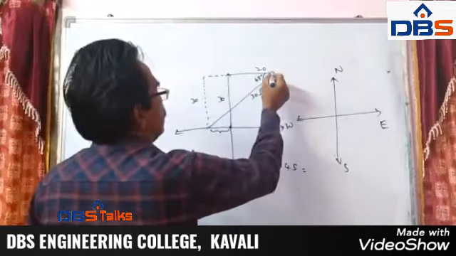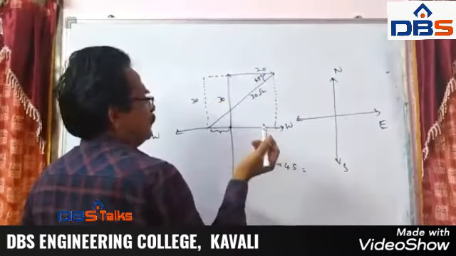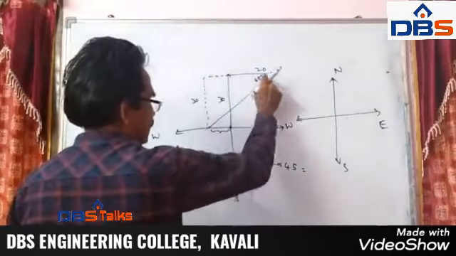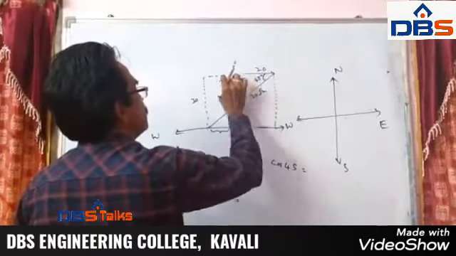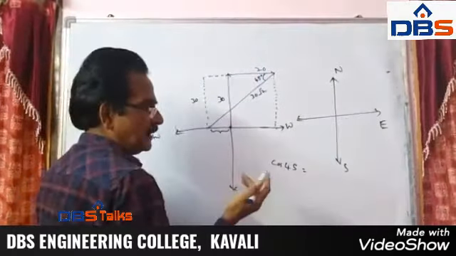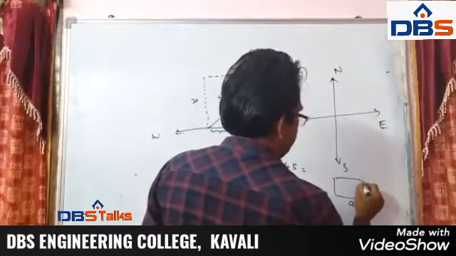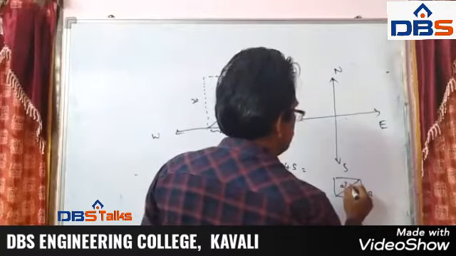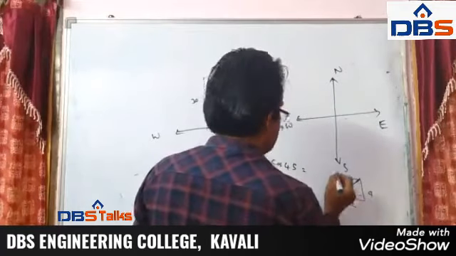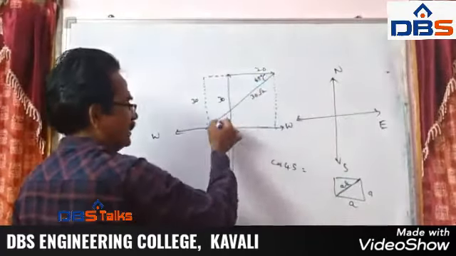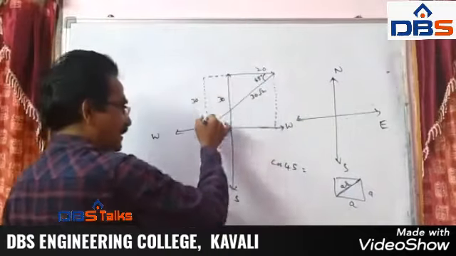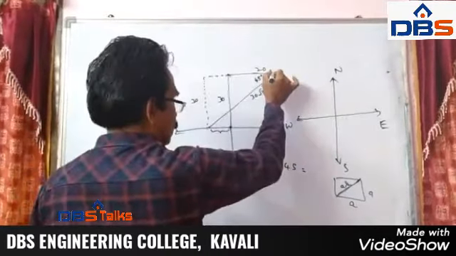Otherwise, one more thing, friends. This is 30 root 2, so this must be 30 and this must be 30. In a square, if the side is A, the diagonal is A root 2. That is, 30 root 2 means this is 30 and this is also 30.